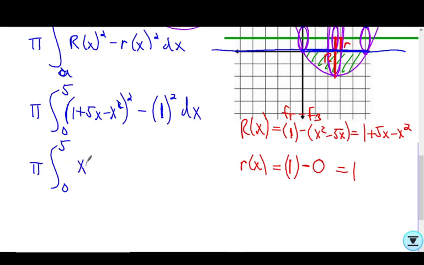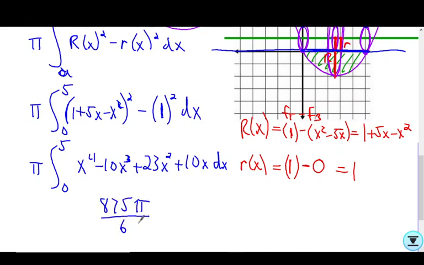So we get x to the 4th minus 10x cubed plus 23x squared plus 10x dx. And then when we take the antiderivative and plug in, we end up with that as my volume. Okay?